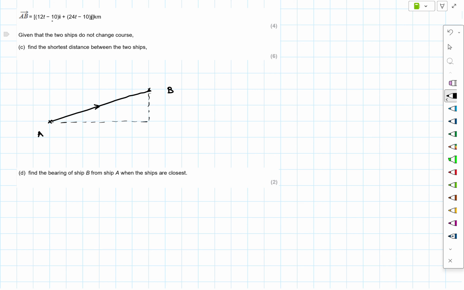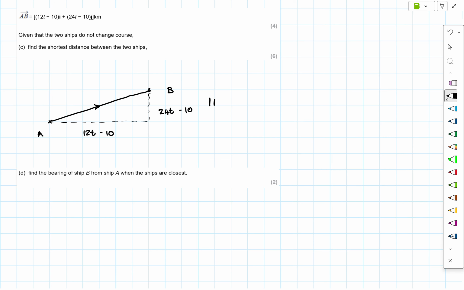The across components are the i's, which is 12t minus 10. The up components are the j's, which is 24t minus 10, like that. And so to find the distance, all we have to do is Pythagoras. This missing side here is that side squared plus that side squared. Or in other words, the i component squared plus the j component squared. Well, when I say that's the distance, that's obviously the distance squared.